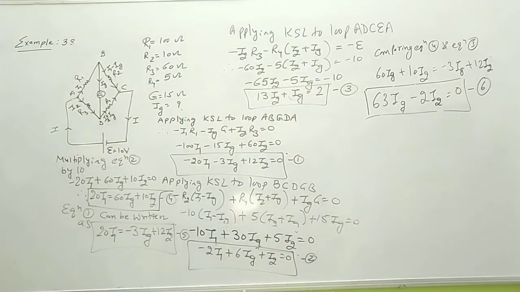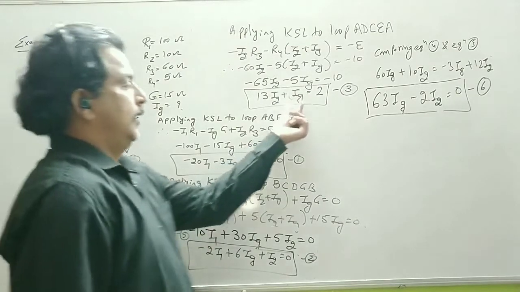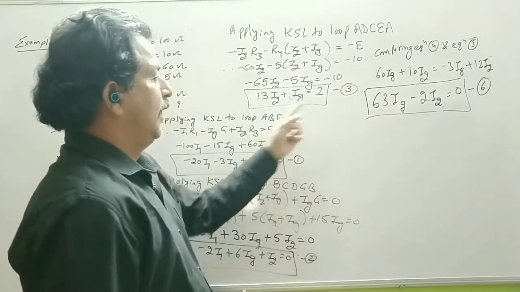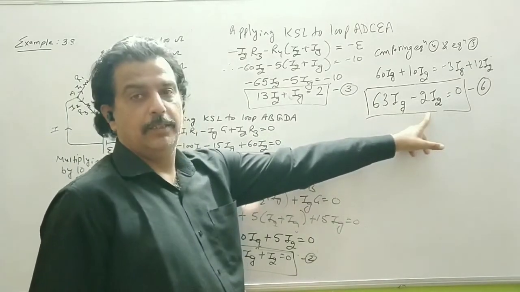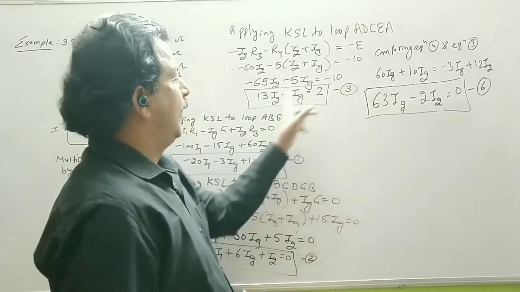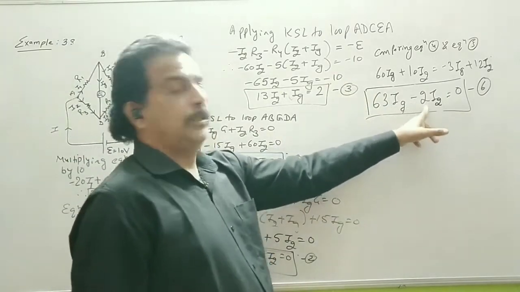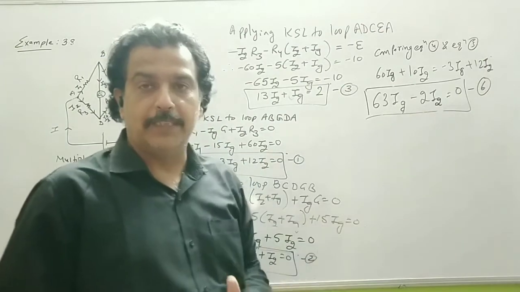So from this I want to find out IG. So I eliminate I2. One method is I multiply this equation by 13 and then I do the summation. Or from this I find out I2. So there are two methods.